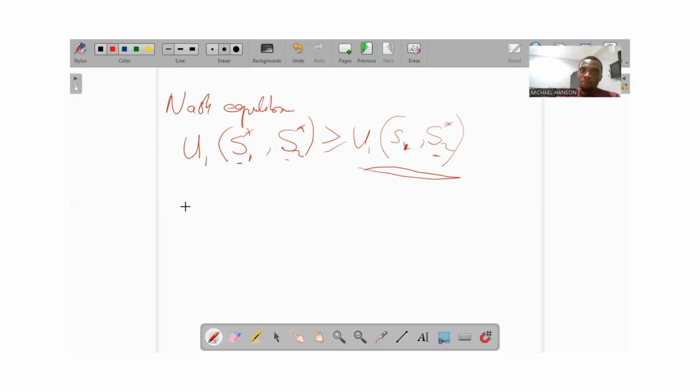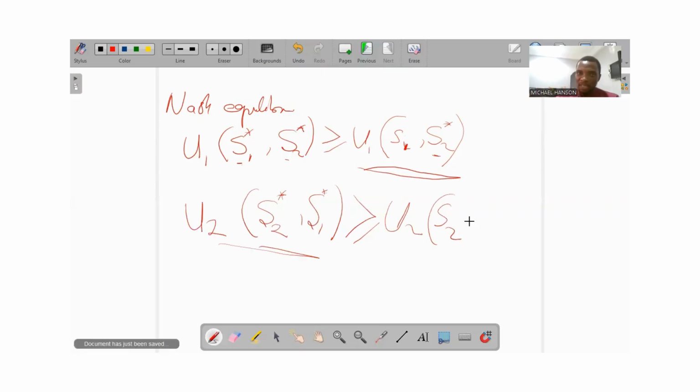Same could be written for player two. So player two's payout at Nash equilibrium will be made up of player two's dominant strategy, taking account of player one's strategy. And this Nash equilibrium for player two will always be bigger than player two's payout where he plays any other strategy, which is not the best.